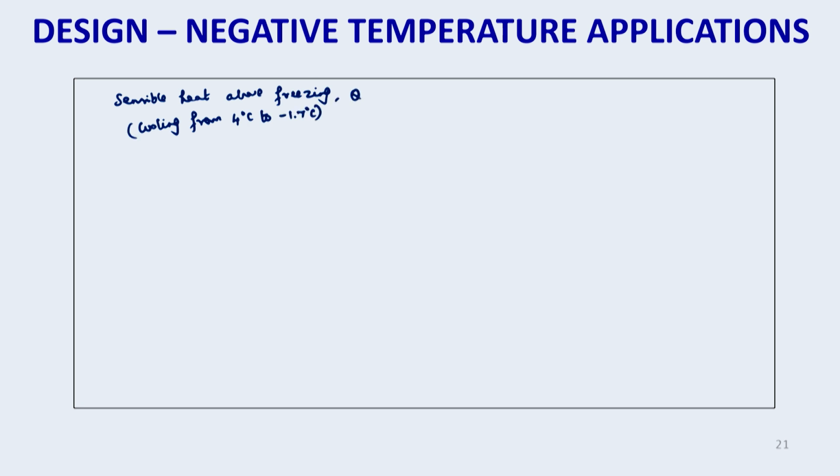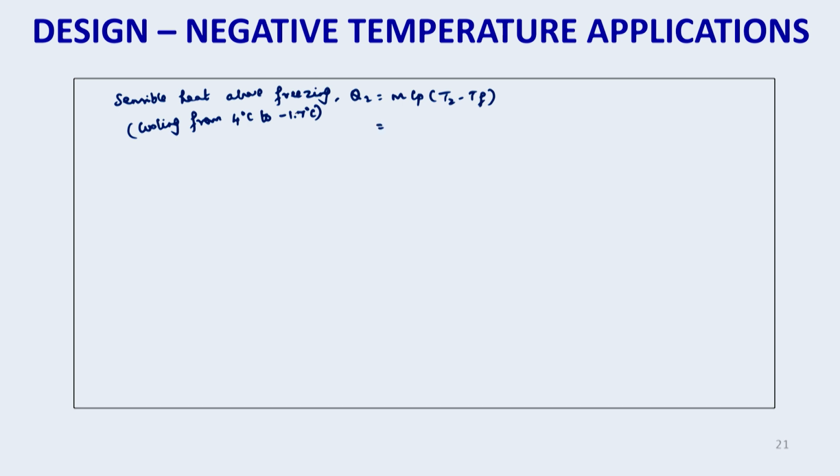So this is Q2, M into Cp into the temperature: T1 is 18, T2 is 4 and Tf is the freezing point, that is minus 1.7. So the temperature is from T2 to Tf.